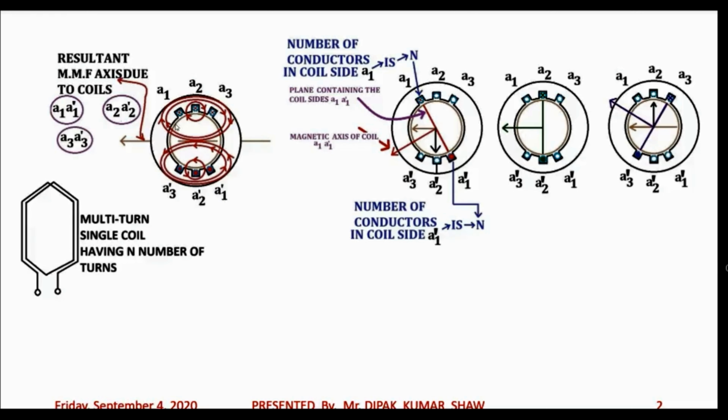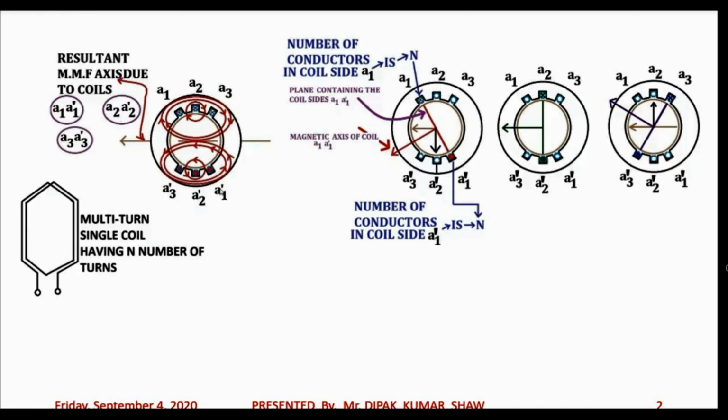So that's why the slot which is housing the coil side A1 will have n number of conductors. Likewise, the slot which is housing the coil side A2 will have n number of conductors. So this way we can say that there are n number of conductors in each of the 6 slots which we can see over here.